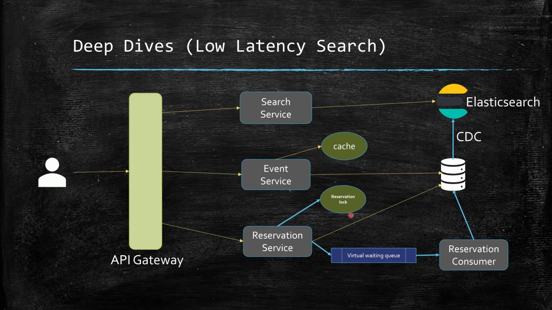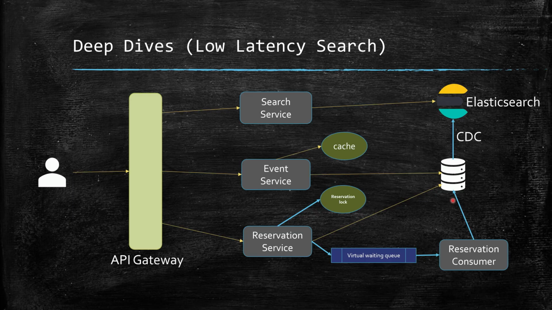And how you are going to set it up is in such a way that your event database is going to have all the events. Whenever there is an insert operation, there will be a CDC pipeline that will be triggered. A CDC pipeline is change data capture. You can look at it in more detail, but here it simply means that there is some way of syncing your traditional MySQL, Postgres, or any relational database events.